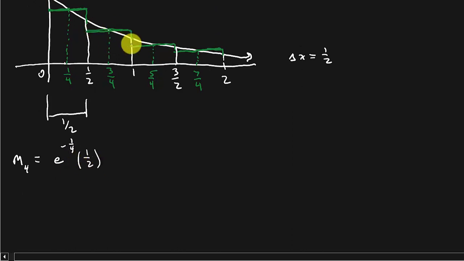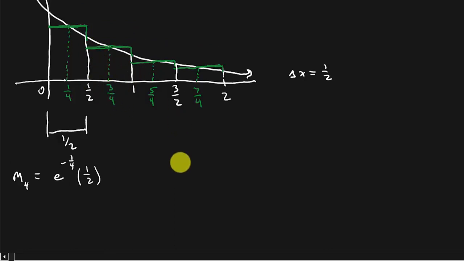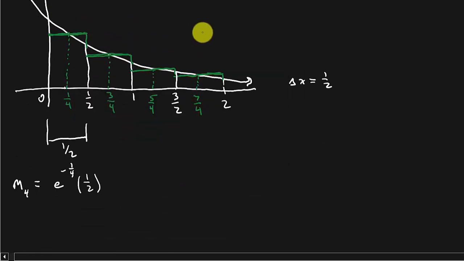And now I need the area for the second rectangle. So I'm going to take the 3/4, and write the function right here. f of x equals e to the negative x. So I'm taking the 3/4 and plugging it in for x.